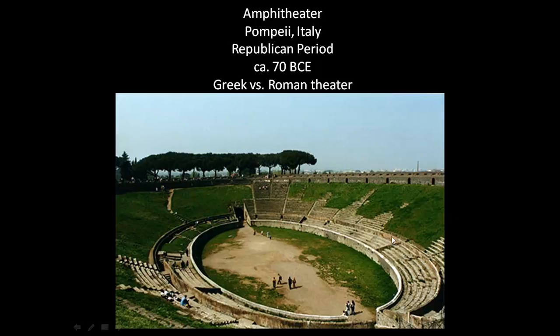Now, the important thing, though, is with this specific seating based on hierarchy, the structure itself becomes a facilitator for the display of power. Because as you sit in the amphitheater and watch the entertainment, you can very clearly see levels of hierarchy and who has more power, more influence in the society versus other people.